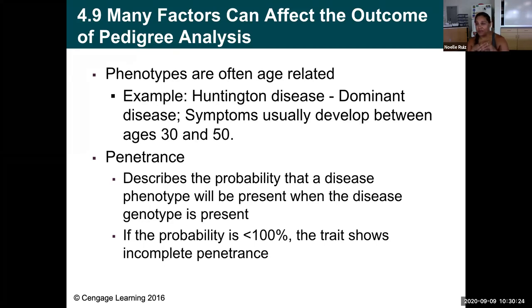Penetrance is a fun vocabulary word. It describes the probability that the disease phenotype will be present when the genotype is present. And if the probability is less than 100%, the trait shows incomplete penetrance. Like I said, for the mitochondrial diseases, it is 100% that the mother will pass it on to all of her children.